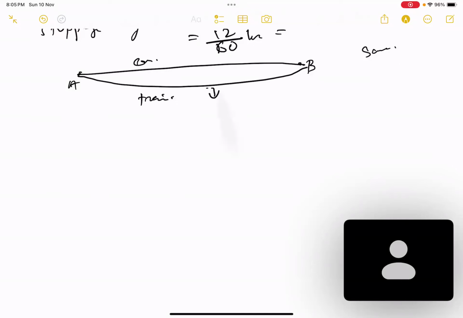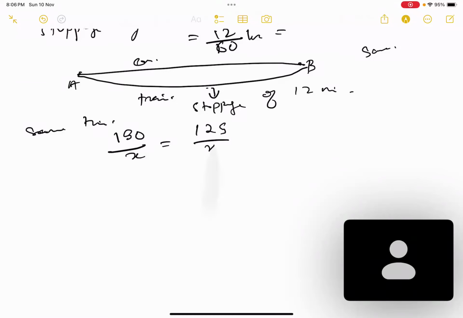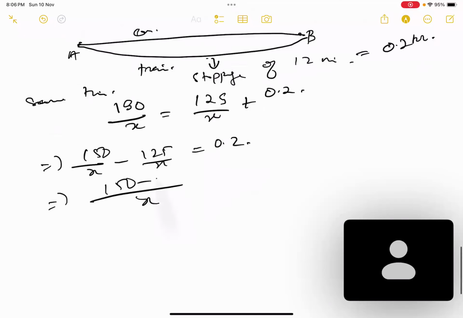But here, the train has a stoppage of 12 minutes. This means what? Since they're reaching at the same time, the time of the car minus the time of the train is the 12 minutes, which is 0.2 hours. If we solve this, then 150 by x minus 125 by x, 150 minus 125 is equal to 0.2.